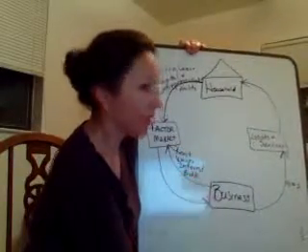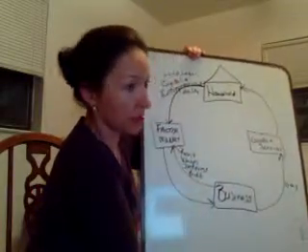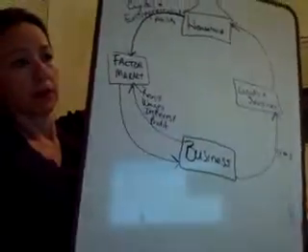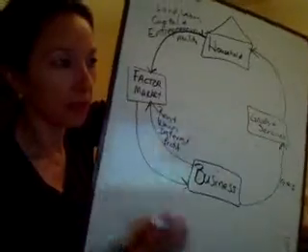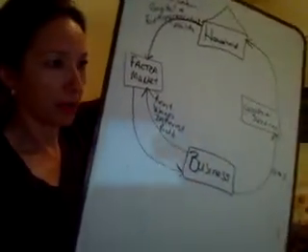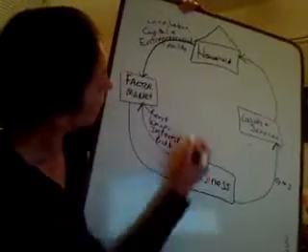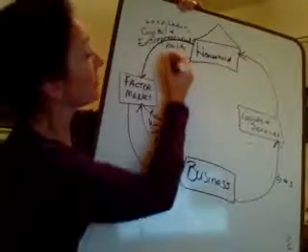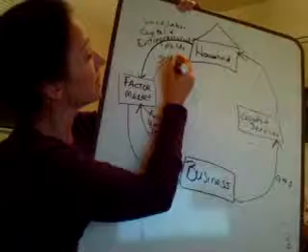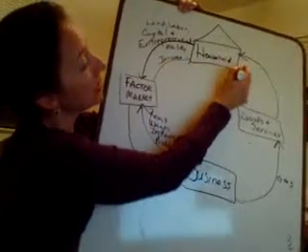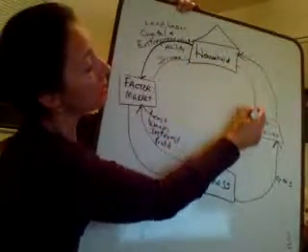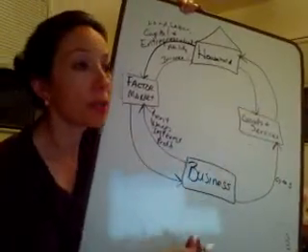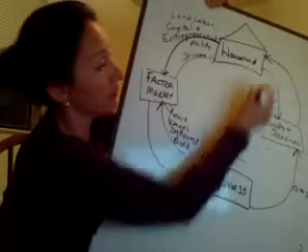Let me see if I can scoot this closer to you. Then this flows to the household sector as income. So this is income. Then the household uses that money, and what do they do with the money? They buy stuff, they consume.